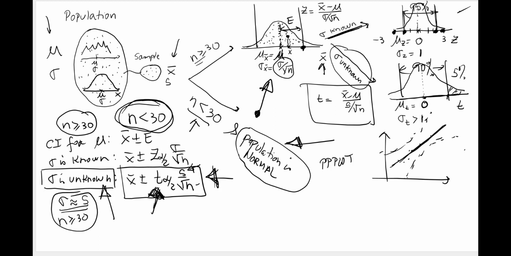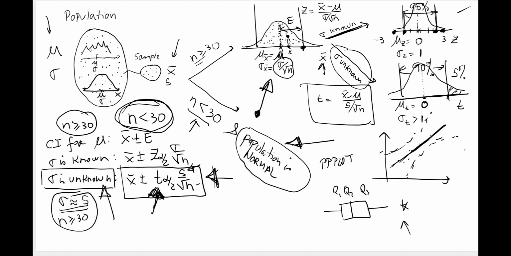Also, we can use a box plot, and in the box plot, remember, we use the first quartile, the second quartile, and the third quartile, and these are the whiskers. If we have no outliers, then the distribution could be normal. But if we have an outlier like this, then the population is not normal.